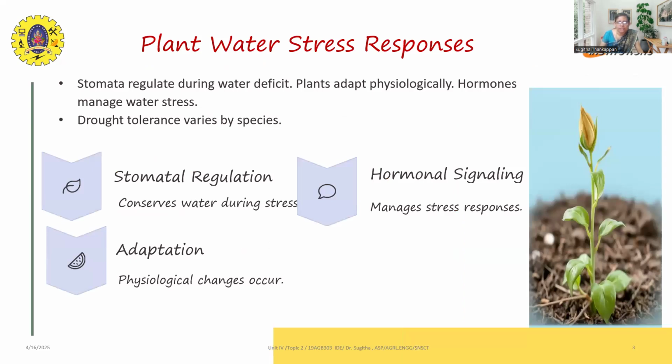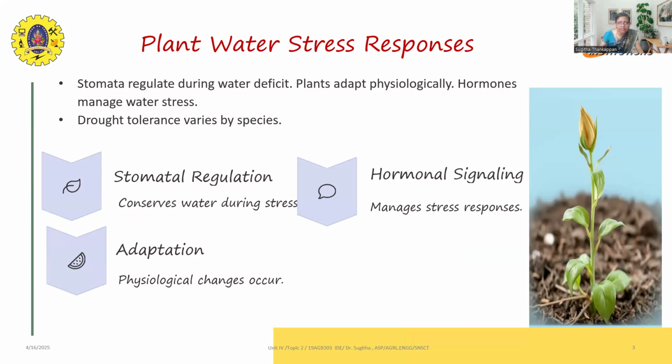If you take the plant, it has the ability to respond to the water deficit or water stress that happens in the soil. As we all know, soil water can be categorized into hygroscopic water, capillary water, and gravitational water.